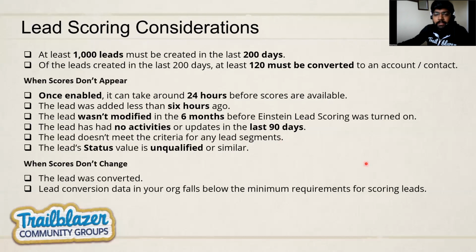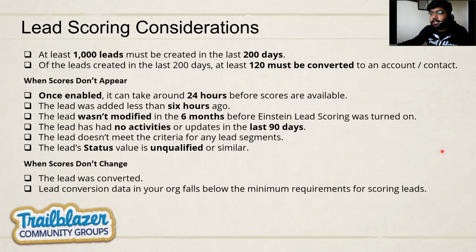So you created segments and you are doing the scoring in segments, and this lead falls out of the scoring segment, meaning you are not considering this lead for Einstein scoring, then it will not meet the criteria and will not have scores generated. And if the lead is unqualified or unassigned, which has not yet been worked upon, then it will also not have scores generated.